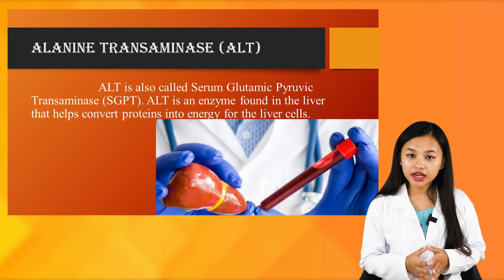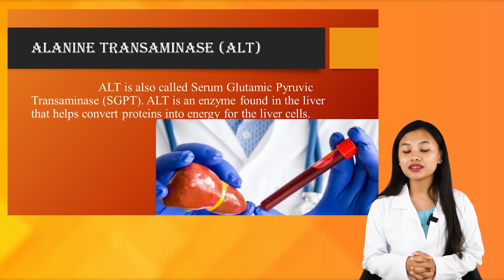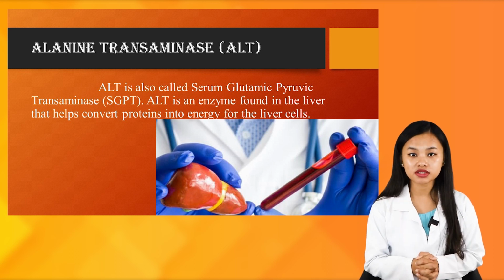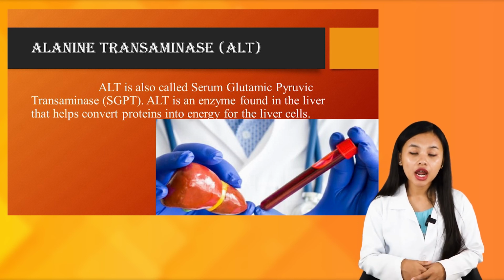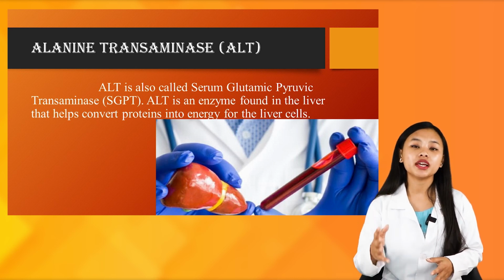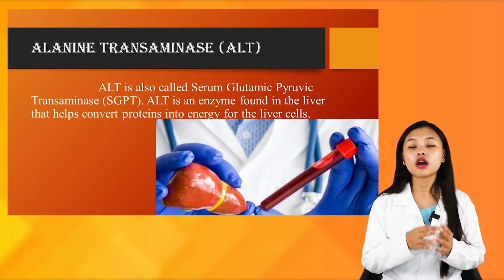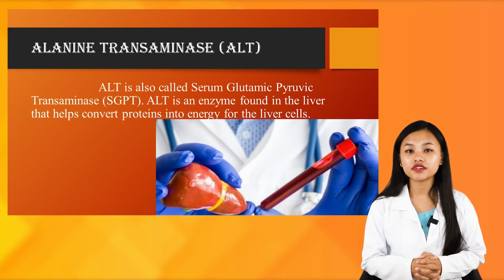Alanine transaminase is also called serum glutamic pyruvic transaminase. It is an enzyme which is found in the liver, and it plays a major role in converting proteins into energy for the liver cells.